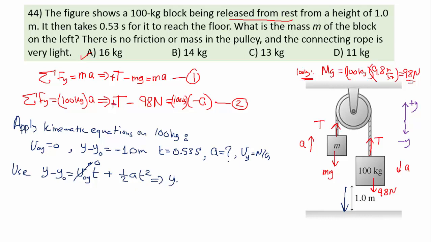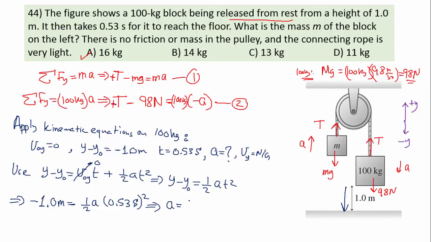And the equation will be y minus y0 is equal to 1/2 a t squared. Plug the values. y minus y0 is negative 1 meter. This is equal to 1/2 times the acceleration times t squared, which is 0.53 seconds squared.